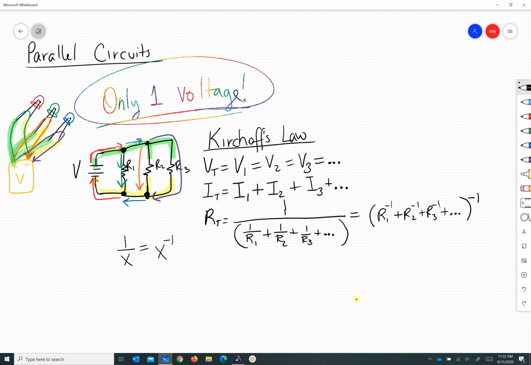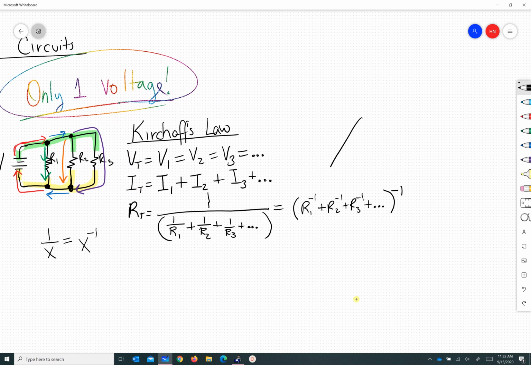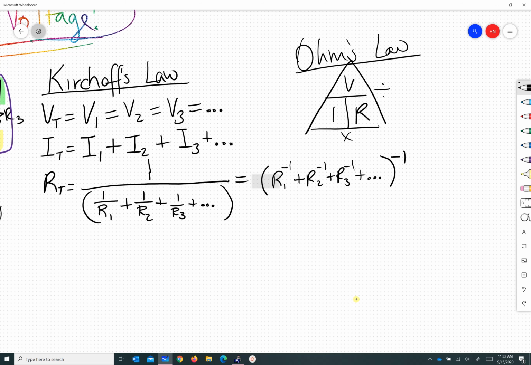Again, Kirchhoff's law is true, and Ohm's law is true no matter what you are talking about. So Ohm's law is true for individual devices and total circuit values, but Kirchhoff's law tells us how they relate to each other. Okay, so now let's work a couple of examples.